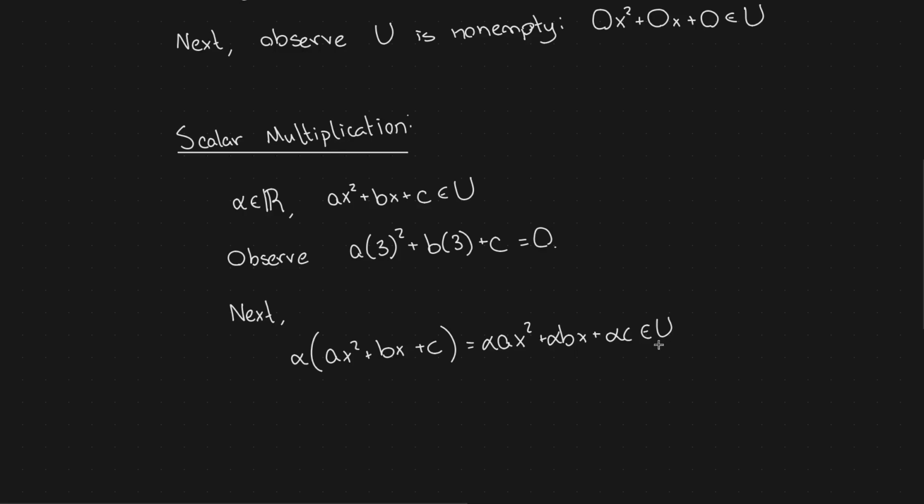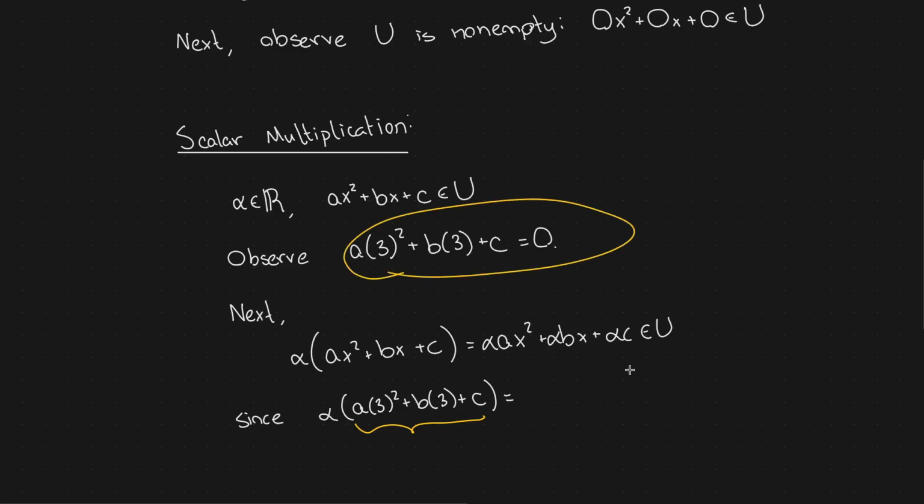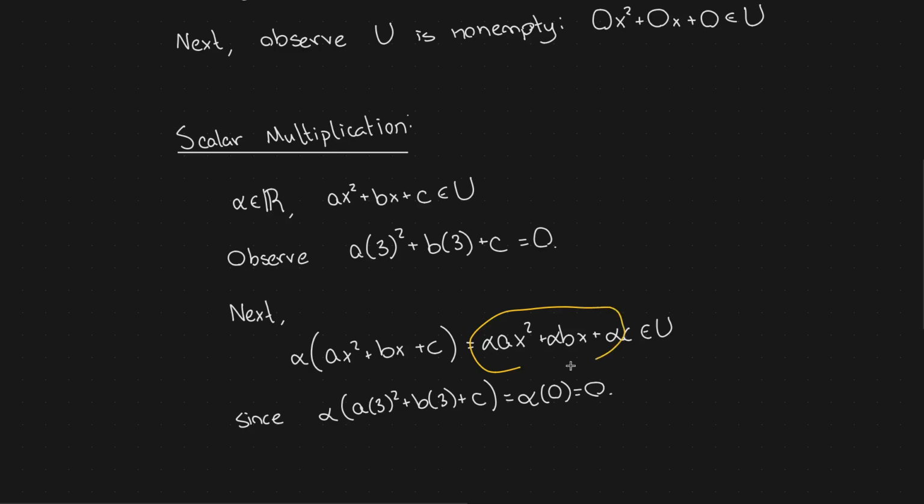But that's going to be in U, since if I plug in 3, well, a times 3 squared plus b times 3 plus c, we know that's 0 because ax squared plus bx plus c is in U. So I'm going to get alpha times 0, which is 0, which means when I plug in 3 into this polynomial, I get 0, so it is actually in U.